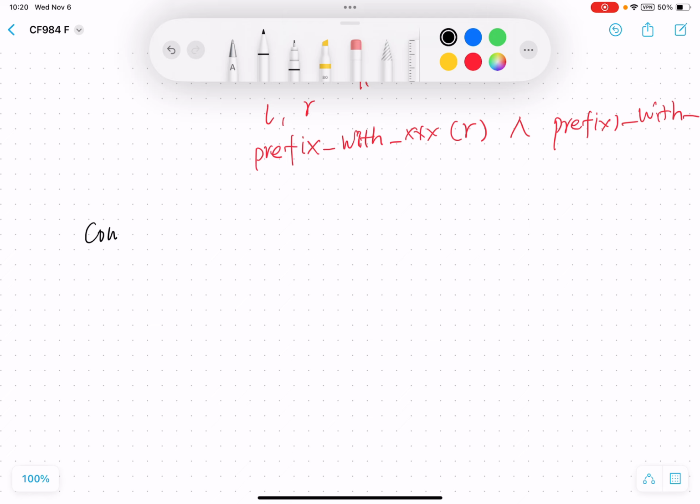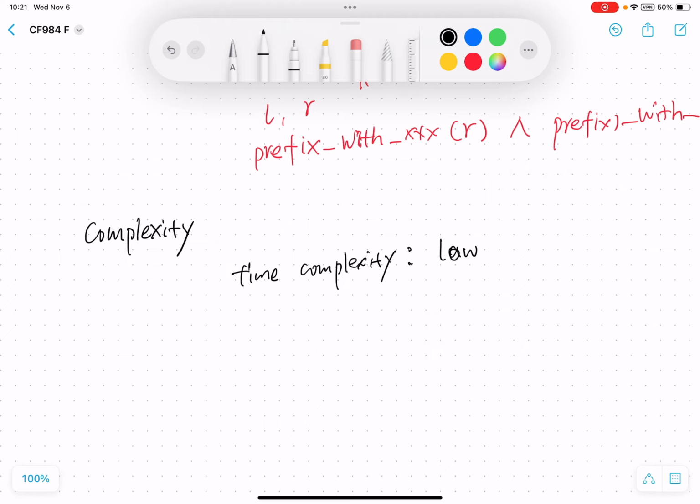Next part, let's talk about complexity. Actually, for the time complexity, we don't need much consuming time. The time complexity is very low. Actually, after I submit my code, the execution time is very small.